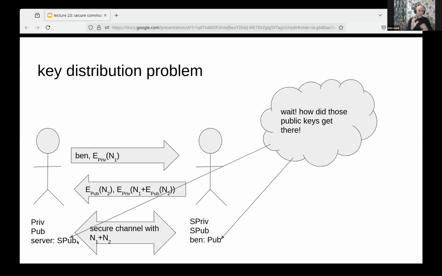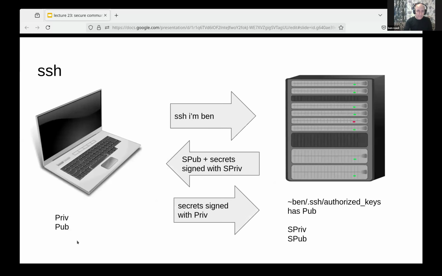So we need to not just be able to distribute the public keys, but we have to make sure when we do this distribution that the receivers know who those public keys belong to. So this is the key distribution problem. And this is a hard one that we need to get around. So let's look at how we do that.